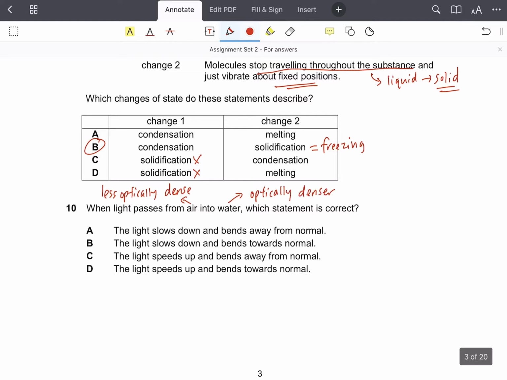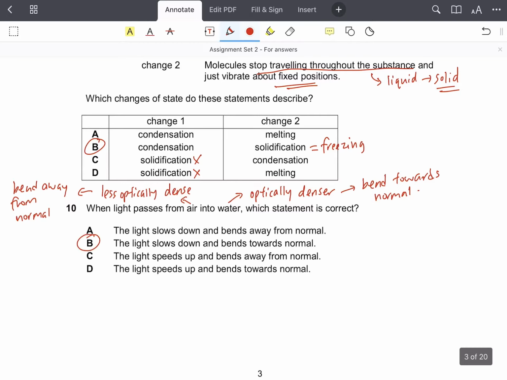So you need to remember, less optically dense, it will always bend away from normal. Optically dense, then it bends towards normal. So you're going into water, so you will slow down and bend towards normal.